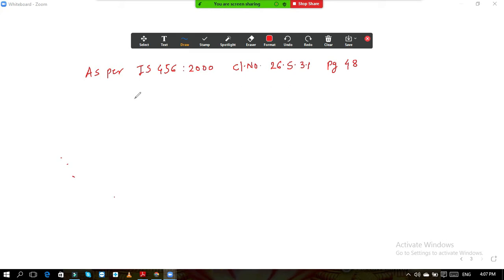So what we will do now? So here Fe415 steel is given. So it is high strength steel. Therefore, your minimum reinforcement or distribution steel is 0.12%.